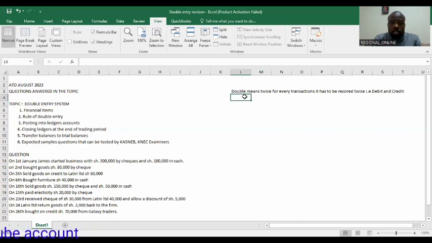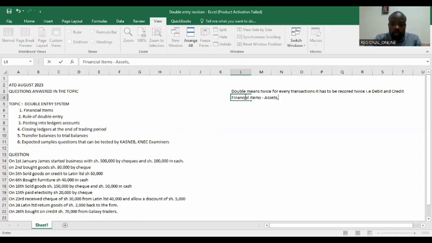So what are these financial transactions that you normally record? We normally call them financial items that a business always has, and you're supposed to know them.